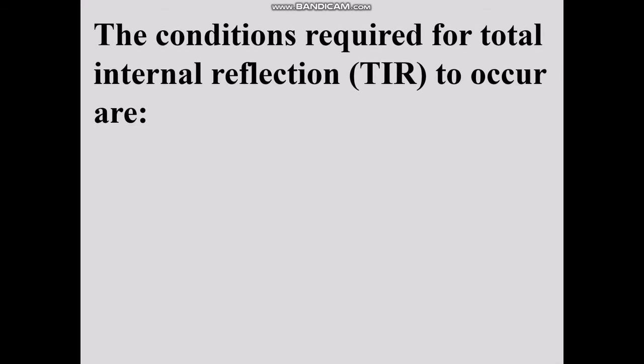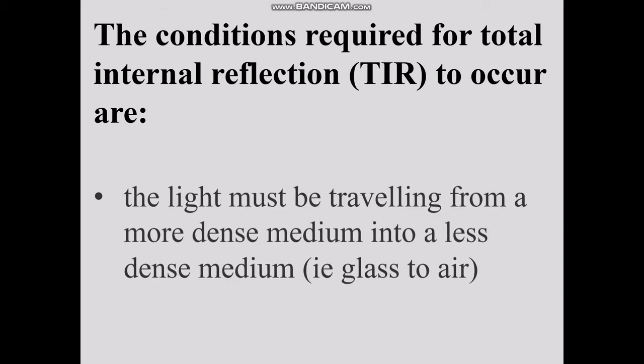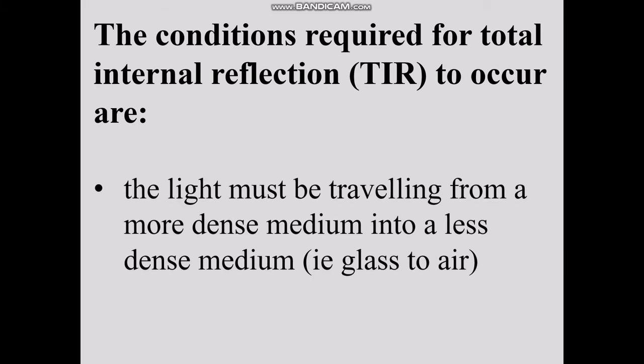Now, what are the conditions required for total internal reflection to occur? We can call total internal reflection in short TIR. The first condition is the light must be traveling from a more dense medium into a less dense medium.